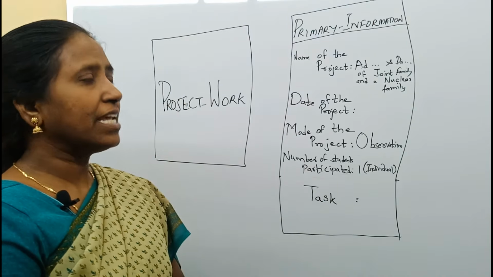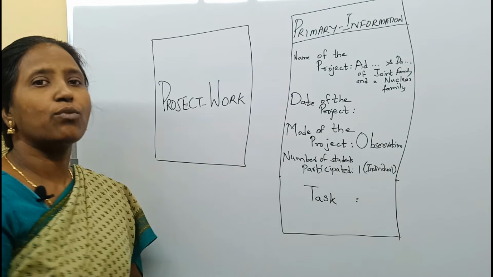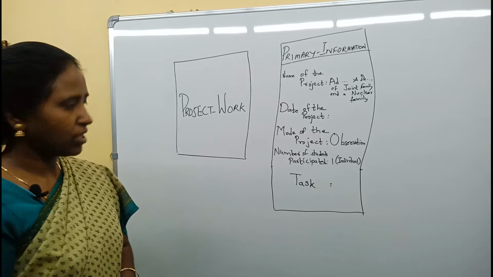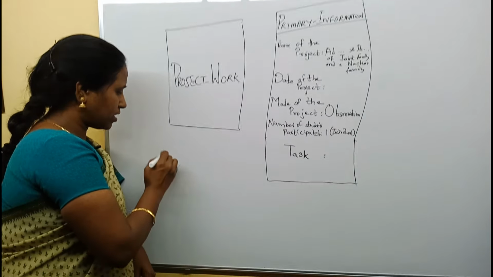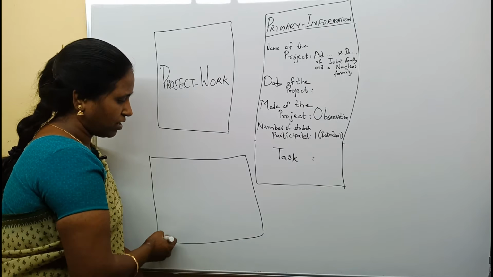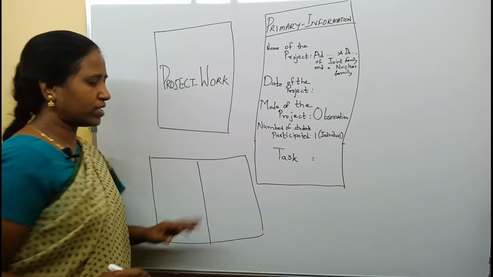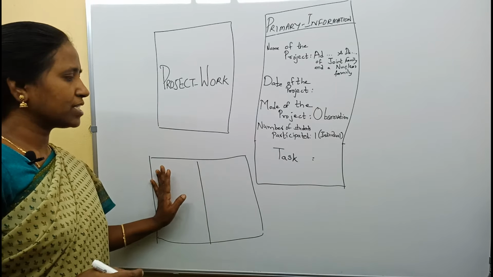Okay. Next we move on to the main part of the project work, that is the advantages and disadvantages. How we go about it: these are the two sides of the notebook. When we flip the page, this is one side and this is the other side.